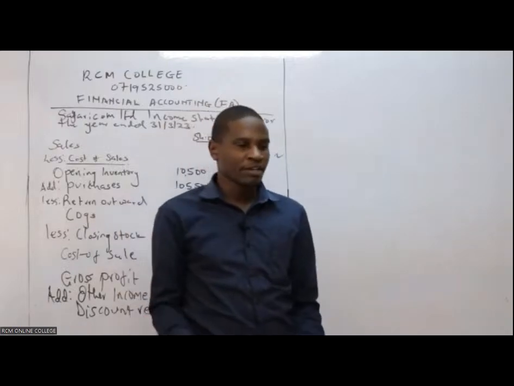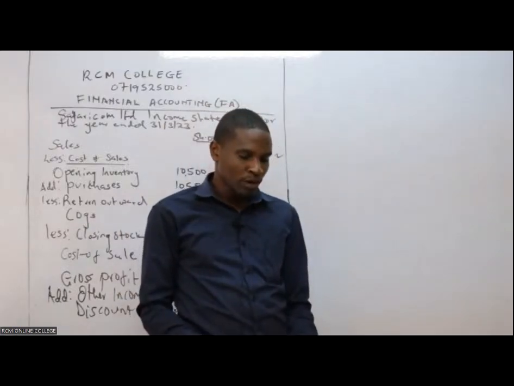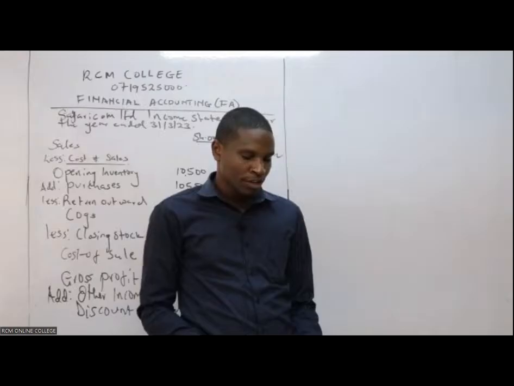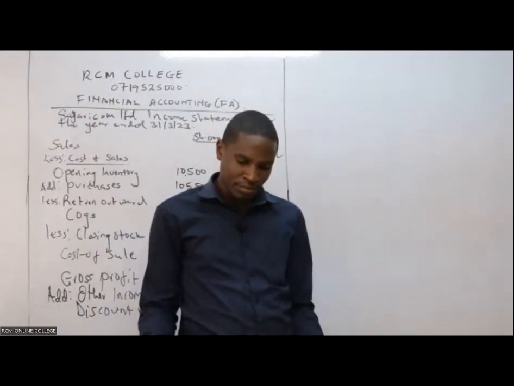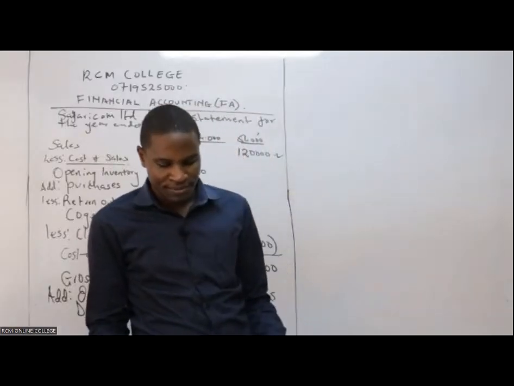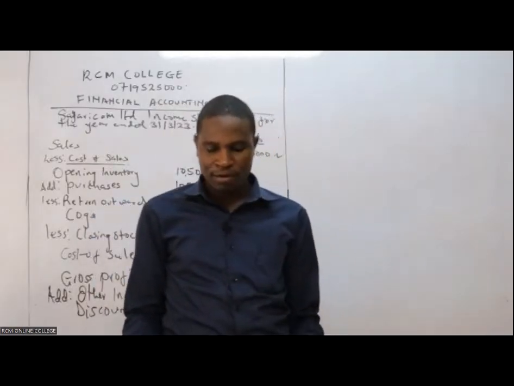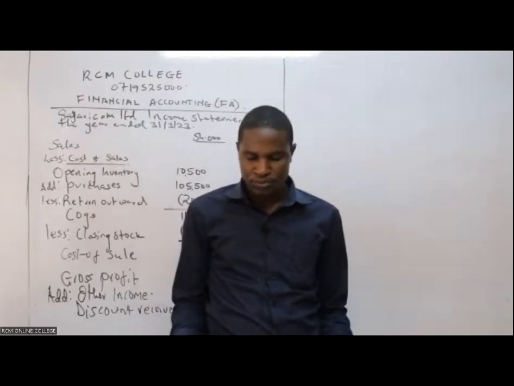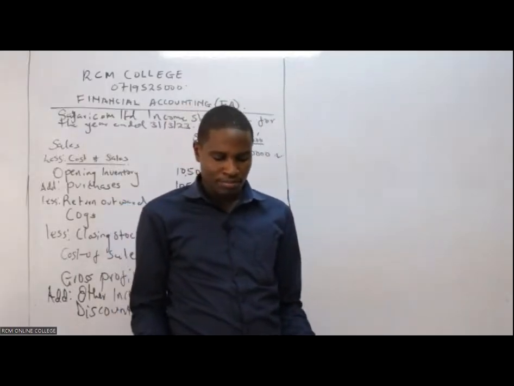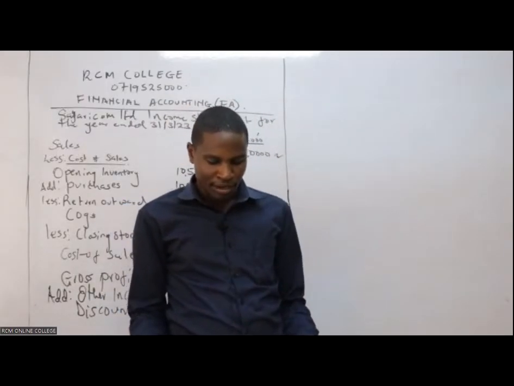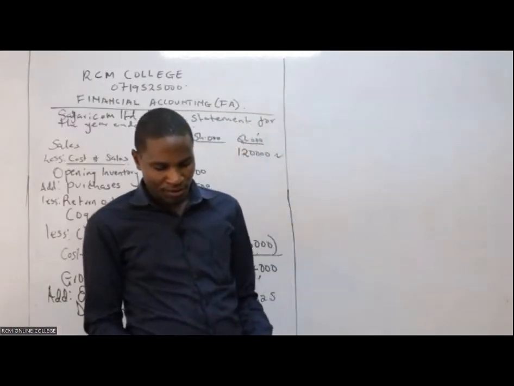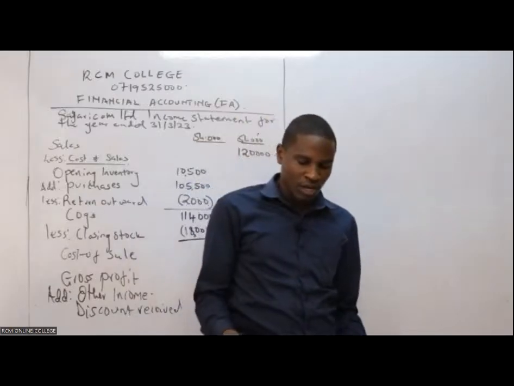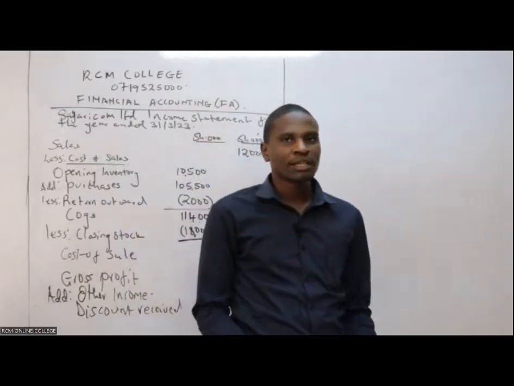Then you check whether there is any other information that might give you either another income. If I look at additional information number 2, it tells me that as at 31st March 2023, account receivable balance included 50,000 due from a customer who has been declared bankrupt. The allowance for doubtful debt is to be adjusted to 5% of the account receivable as at that date. Now, I want to ask a question here.